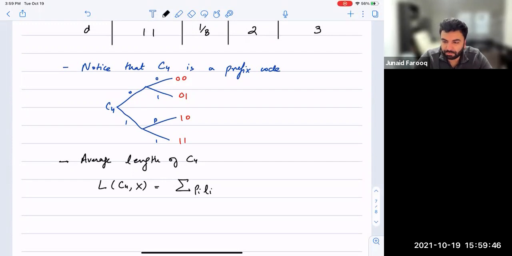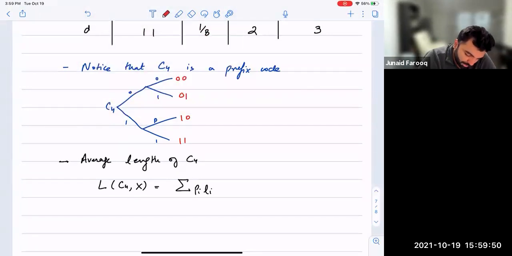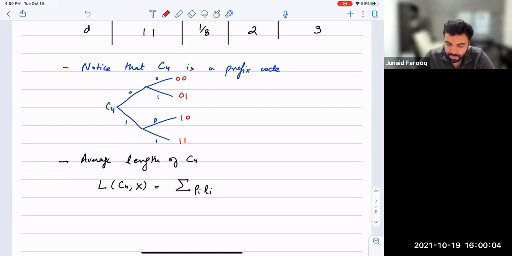Everything is on a different leaf. So remember, if you pick 0, which is here, and you pick 00 as 2 code words, then that code is not a prefix code. But if you pick code words on different branches, then that's okay. That's a prefix code.